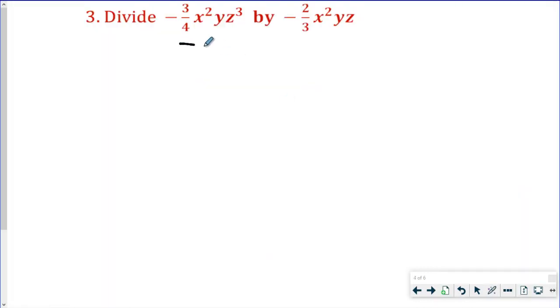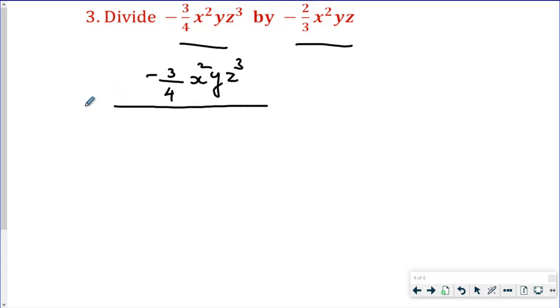Here also we want to divide two polynomials, but both have only one term, that is monomials. So here we can write minus 3 by 4 x square y z cube, the whole divided by minus 2 by 3 x square y z.